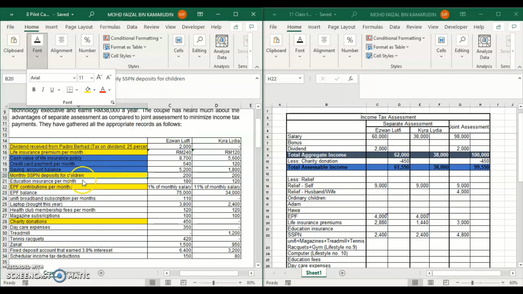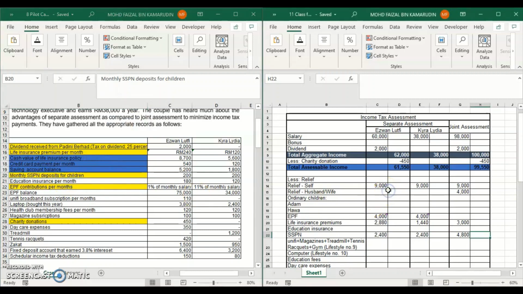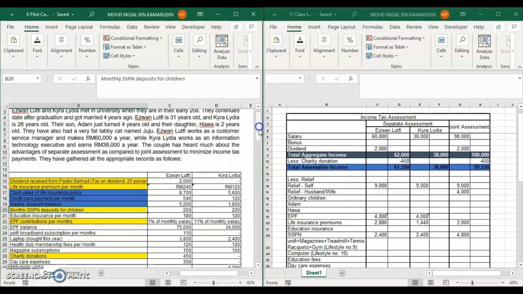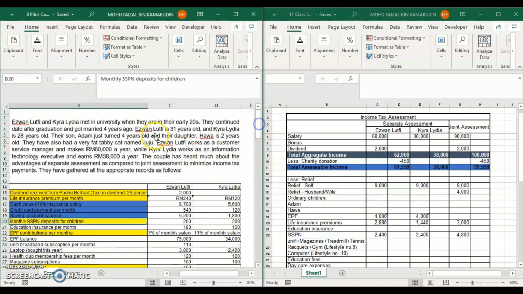So let's move on to the children, because I missed that one first just now, since the information is here. Make sure that later you tackle the self and ordinary children or whatever information that we have here. For children, you have to refer to item number 17, 18 and 19.